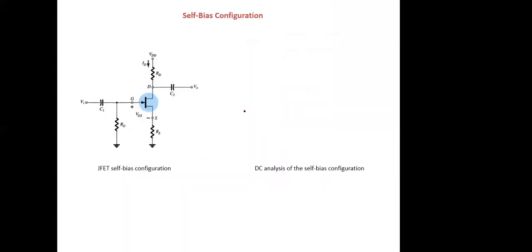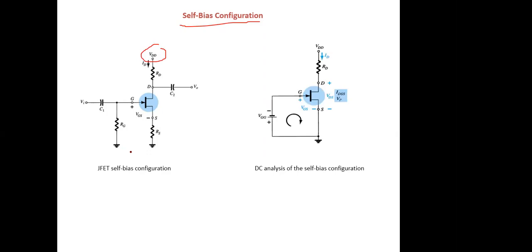Another configuration for the active region is self bias configuration. In self bias configuration, we will be having only one battery over here. There is no VGG battery in this, you can see. We will have VDD, and then we'll have resistor RD. There will be source resistance RS.